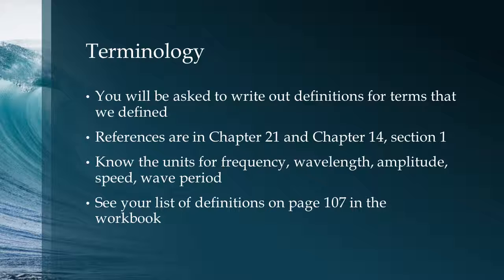Make sure you're very familiar with units for all of the terms we discussed: frequency, wavelength, amplitude, speed, wave period. And there was a page at the beginning of this section in the workbook, page 107, which provided you the opportunity for tracking the definitions as we went through the chapter.